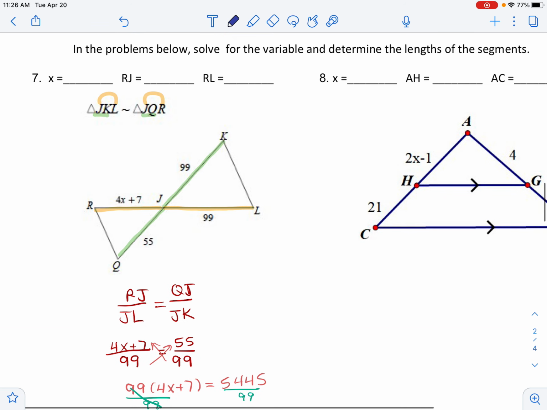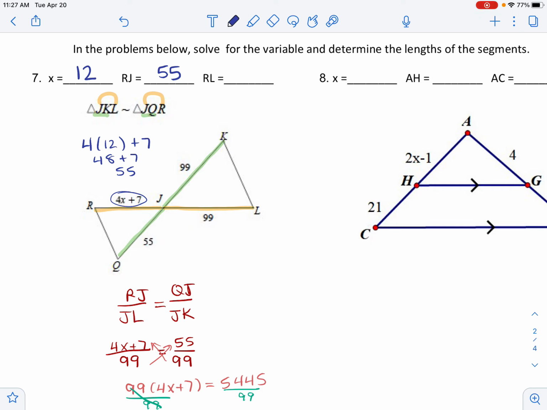So x equals 12. Now we want to find RJ. RJ is represented by this expression right here, and now we know x. So we can find it by just plugging in 12 for x. 4 times 12 plus 7. 4 times 12 is 48, plus 7 is 55.